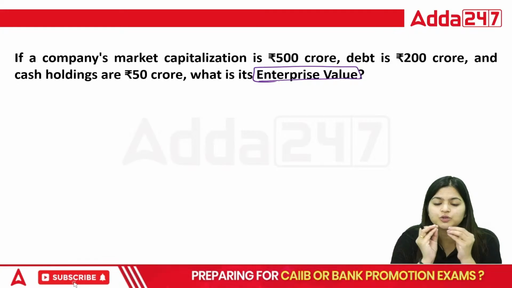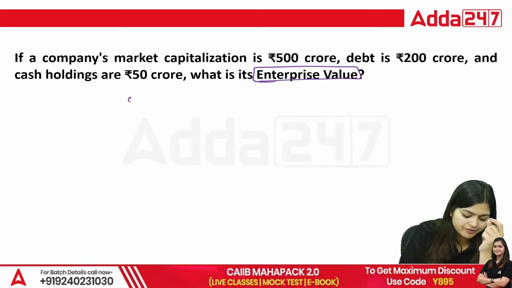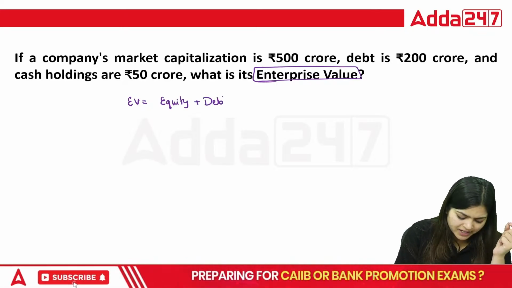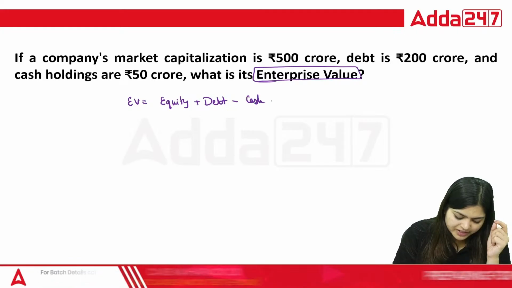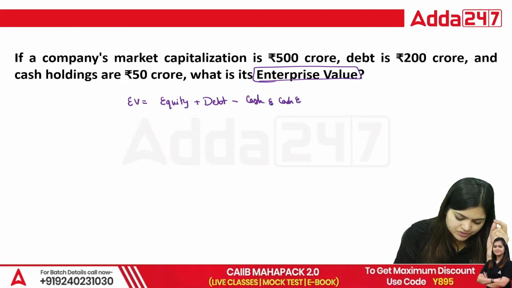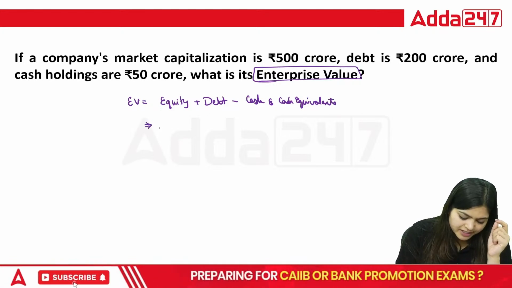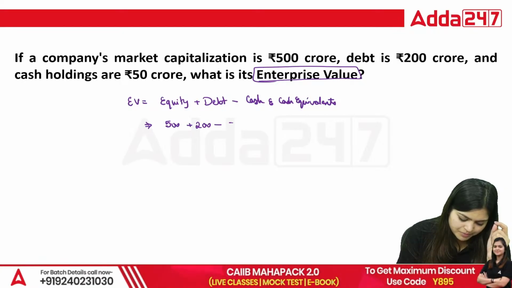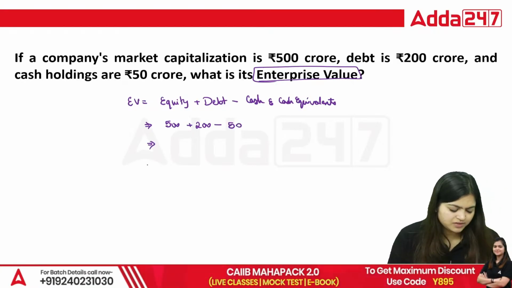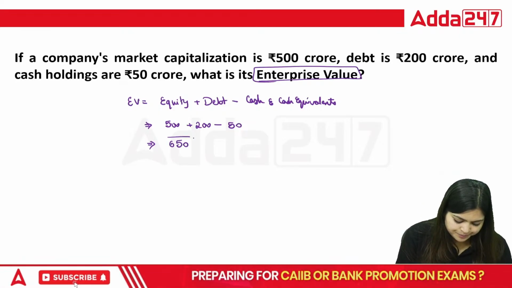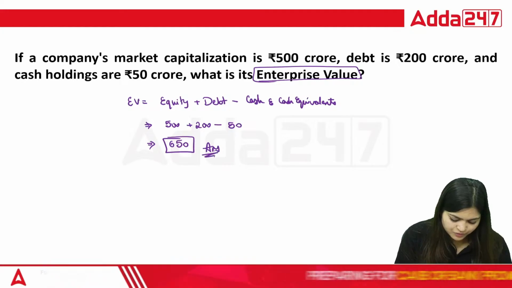Okay, for calculating enterprise value we have a formula which says add equity, add your debt part, but remember to subtract cash and cash equivalents. Yes, so here equity is 500 plus debt 200 minus 50. So this is going to be 700 minus 50, which means 650 is going to be your enterprise value.